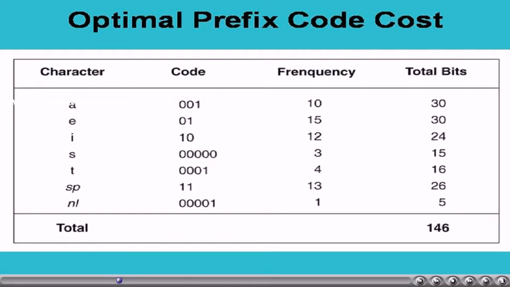The Huffman codes of the symbols A, E, I, S, T, SP, NL can be derived from the graph. A becomes 001, E 01, I 10, S 00000, T 0001, SP 11, NL 00001.